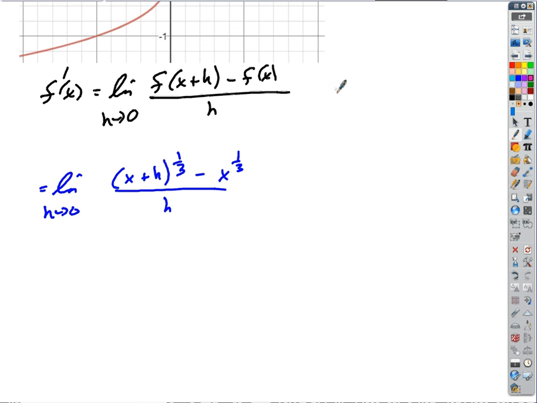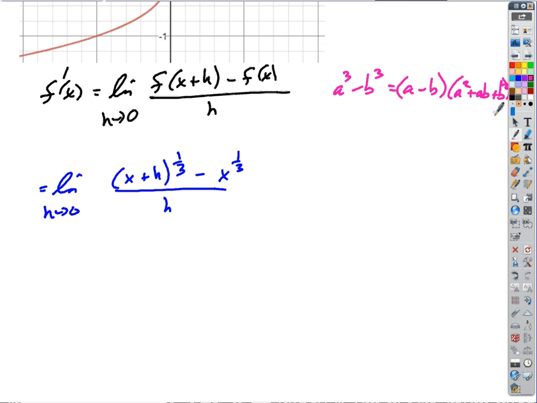How do I factor a cubed minus b cubed? Remember that's a minus b times a squared plus ab plus b squared, right? So what would we have to do to apply that here?